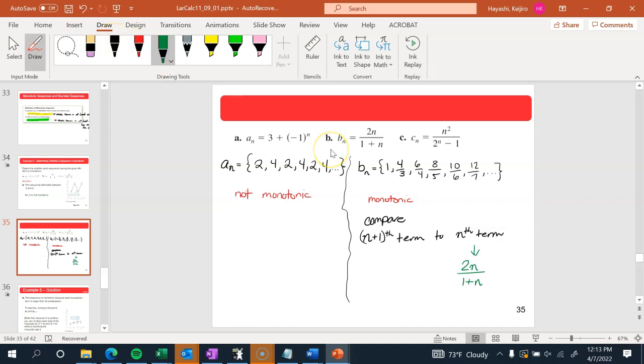So the n plus 1th term would be 2 times not n, but n plus 1, over 1 plus, and instead of n, n plus 1. So this is 2n plus 2, over, that's going to simplify to n plus 2. And this is still 2n over 1 plus n. Okay.